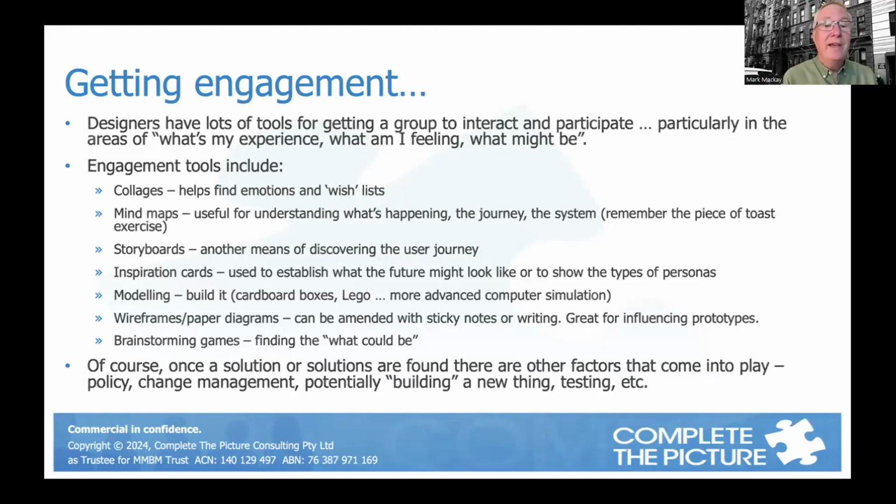Modeling, that could be using Lego, and you can combine Lego with storytelling as well. Or it could be trying to create a physical space using cardboard boxes, or you could do it on a computer. It depends on your time. If you're building things like apps, it might be wireframe diagrams. And of course, brainstorming is involved as well.